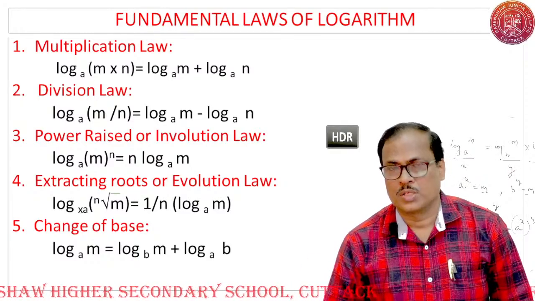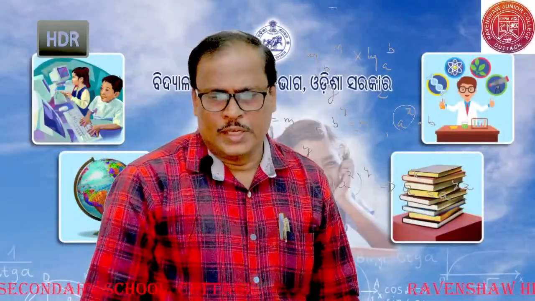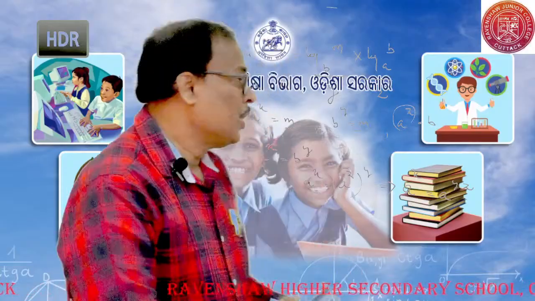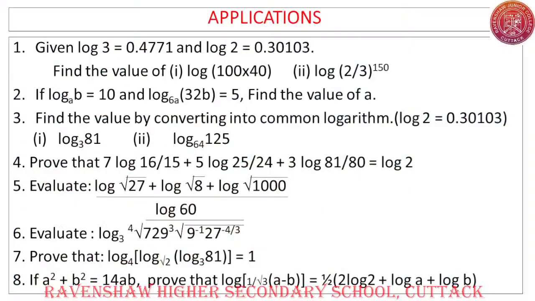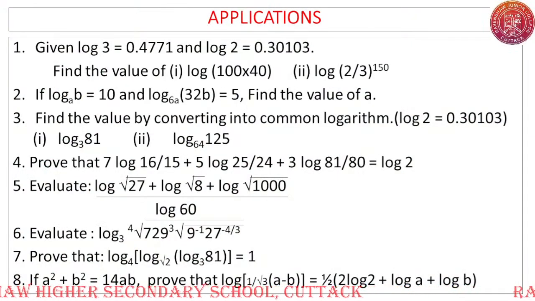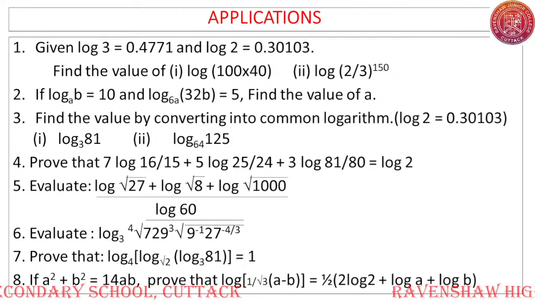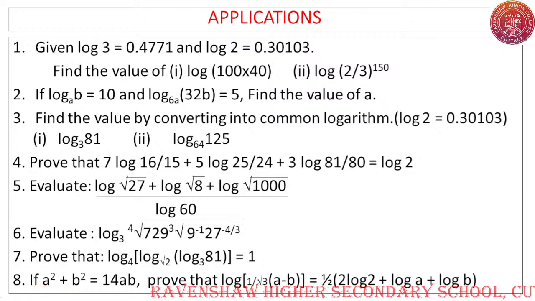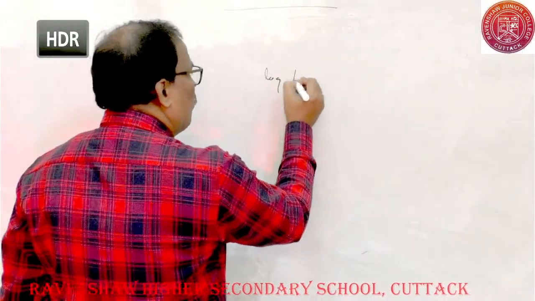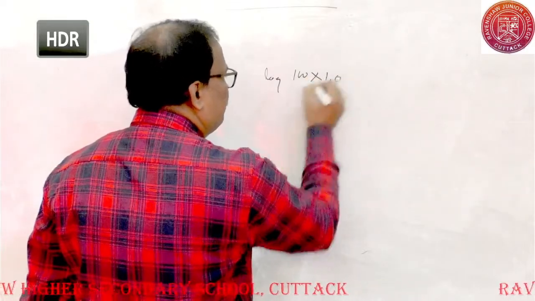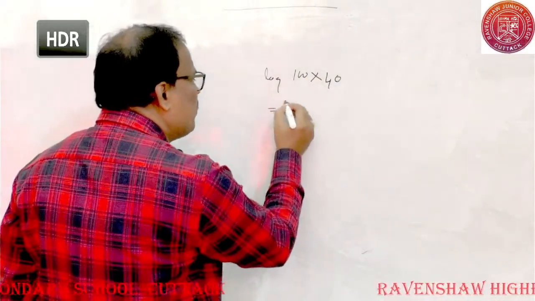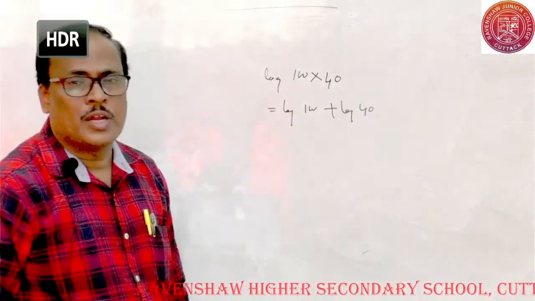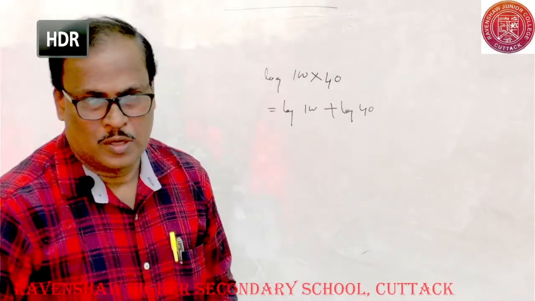Look, it says the value of log 3 is given as 0.4771, and the value of log 2 is given as 0.30103. It asks us to find the value of log 4000, or 100 into 40. So we find log 100 into 40, which is log 100 plus log 40 by the multiplication law.